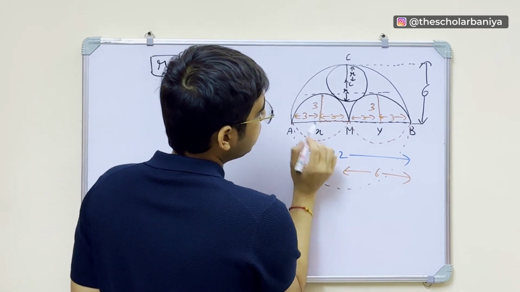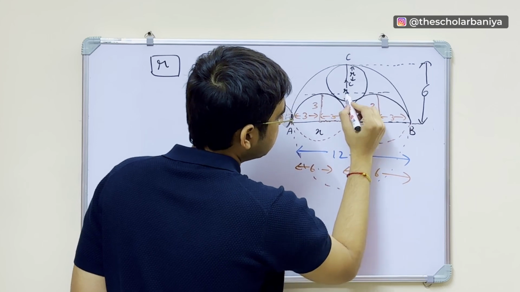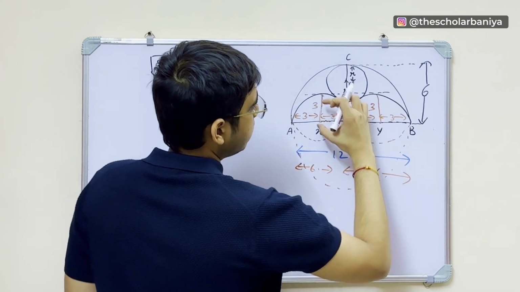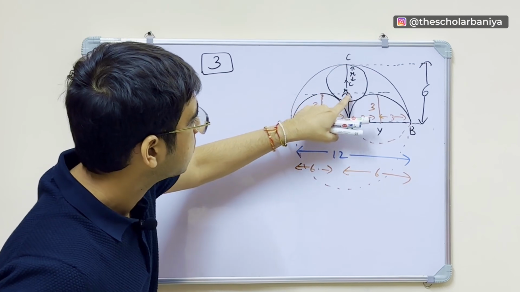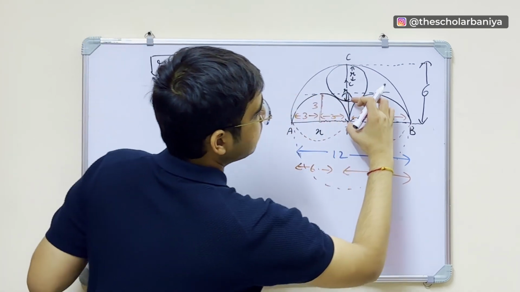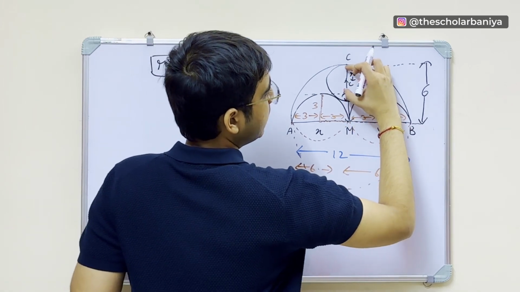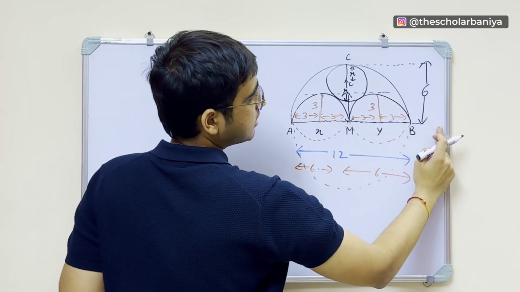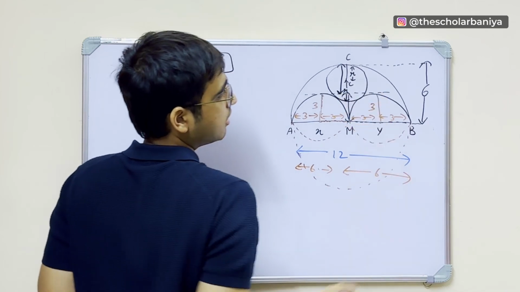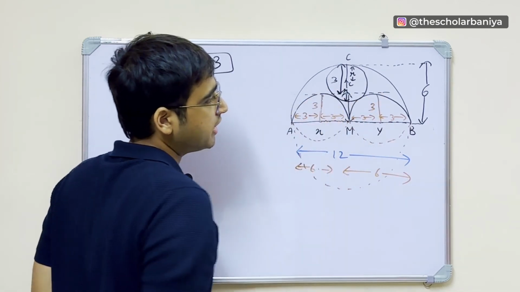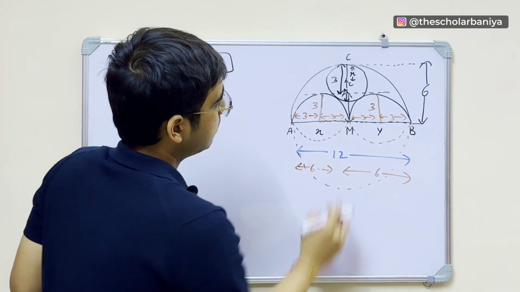Because if this is 3, then this part from here up till here will also be 3, right? Then the remaining part should be 3 because the entire part is 6. So from here to here, this should be 3, because 3 and 3 make 6.